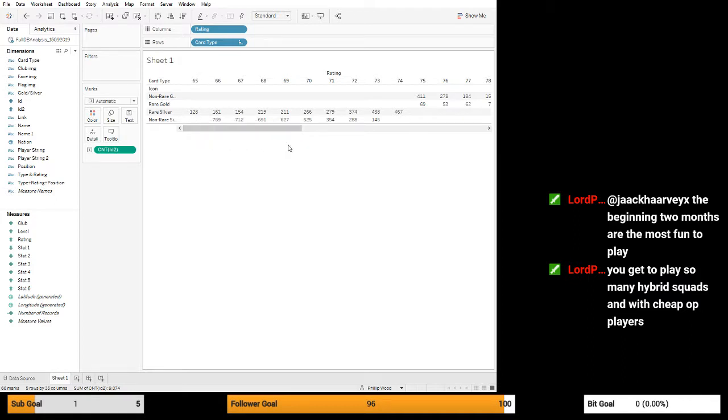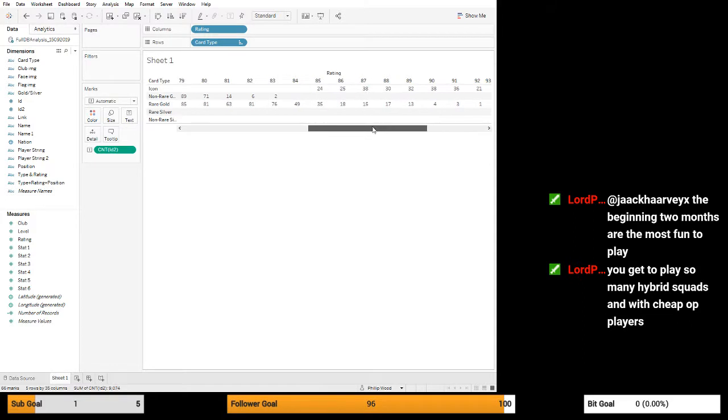So you've got like 700 non-rare 66 rated players. And if you move along, you can see this is probably the sort of section you're most interested in at the start, right?